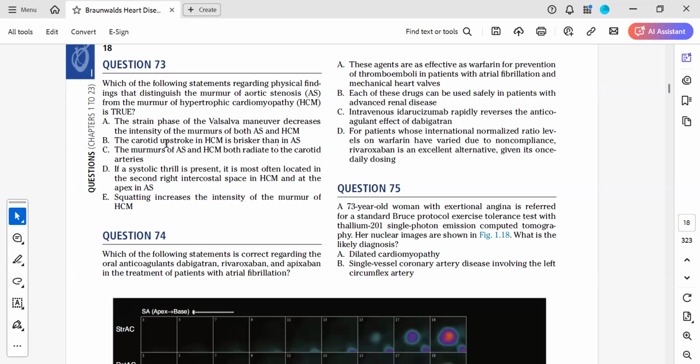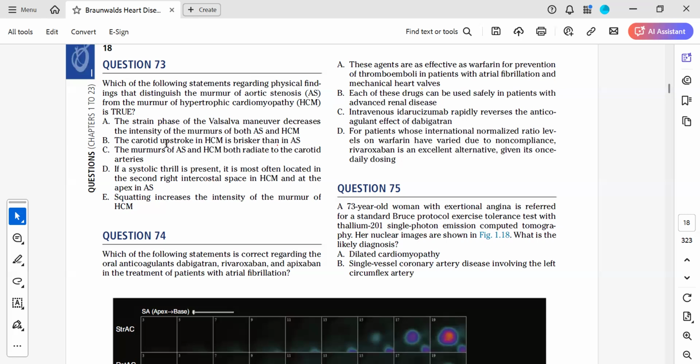So we expect that of HCM to be brisker than that seen in AS, and this makes 73B the correct answer, though we are yet to go through the other options. Let's see if there's another one that can be better than B.